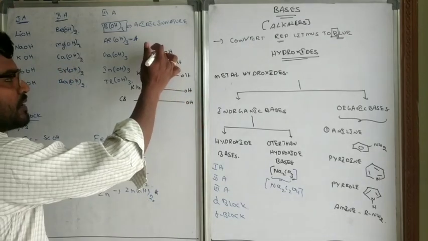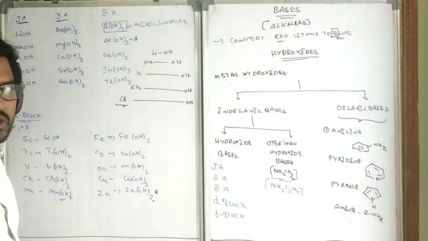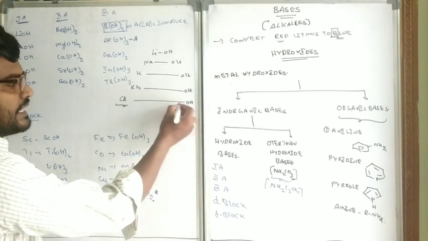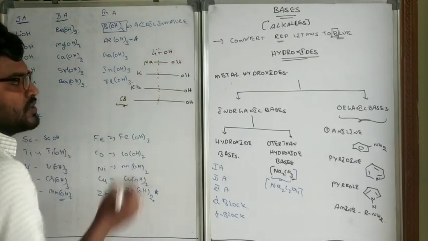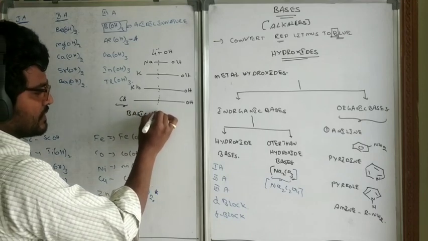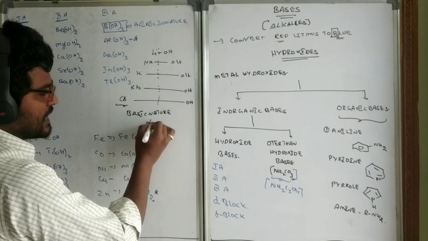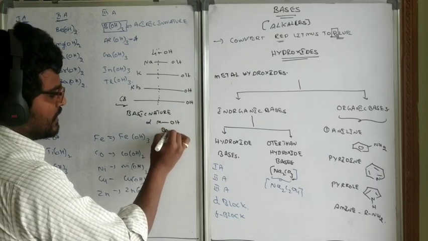As you move from lithium to sodium, the radius of the atom is gradually increasing. As the radius increases, the bond becomes weak. So that's why basic nature is directly proportional to MOH bond length.